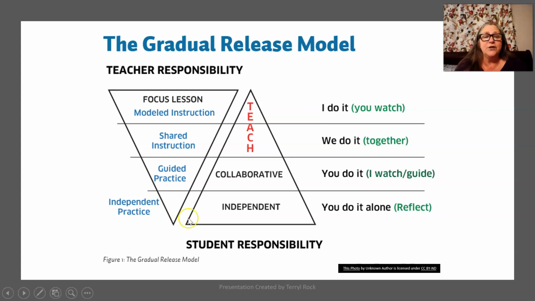And then you try the independent practice finally. So you would do it alone. So this is the teacher gradually releases her responsibility. And the student is gradually getting more responsibility. His responsibility is becoming greater.